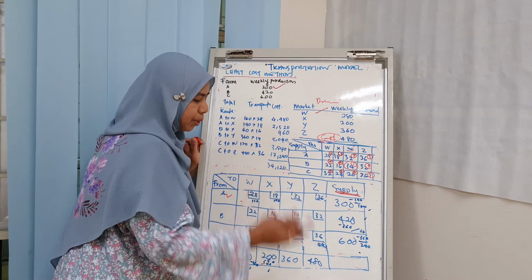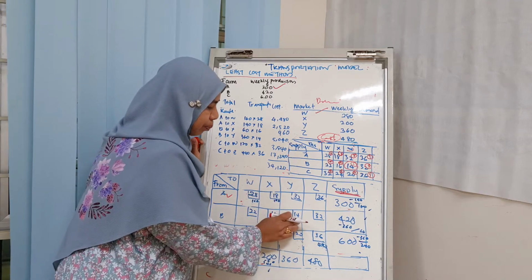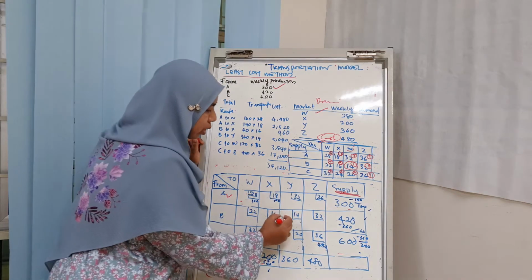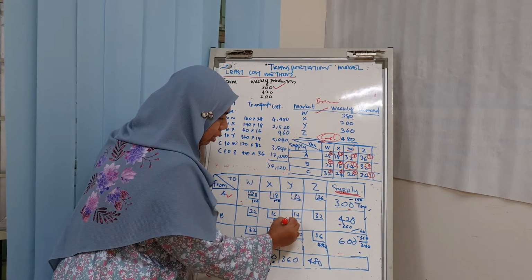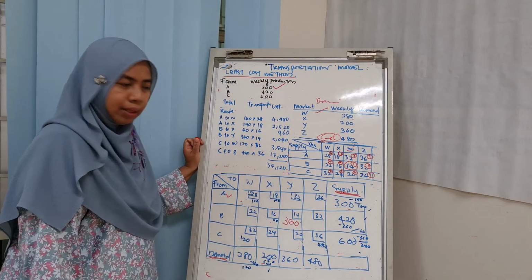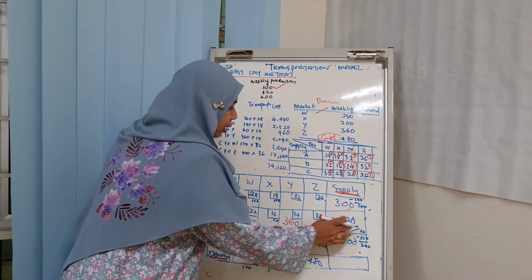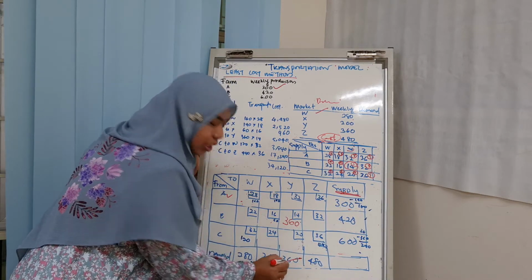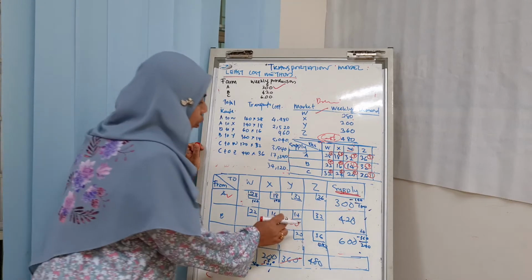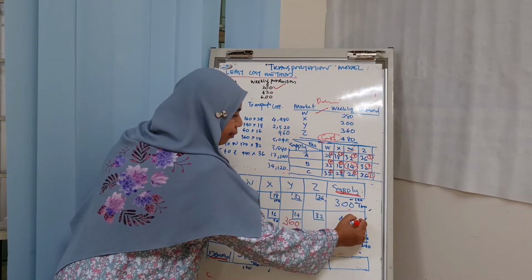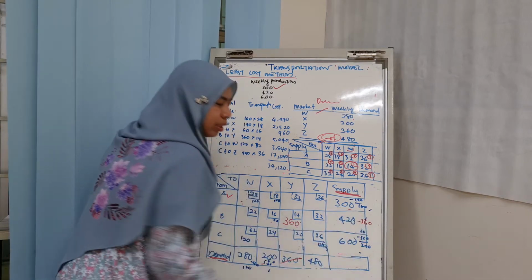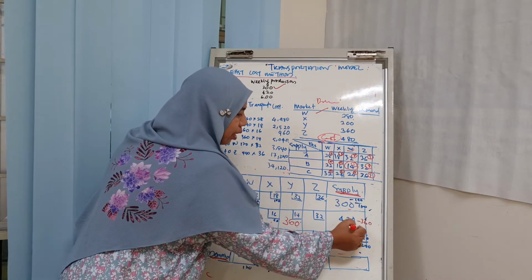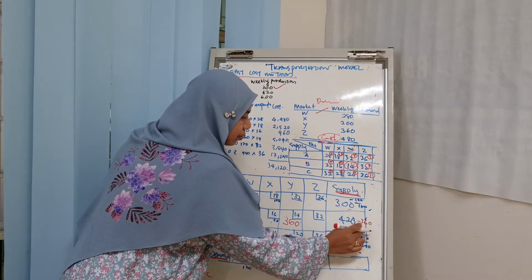In this cell, put as much as you can put, so I just put 360. The 360 is finished, so you have to deduct here: 420 minus 360, you have a balance of 60.